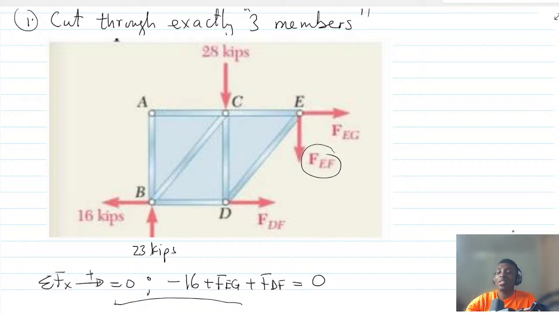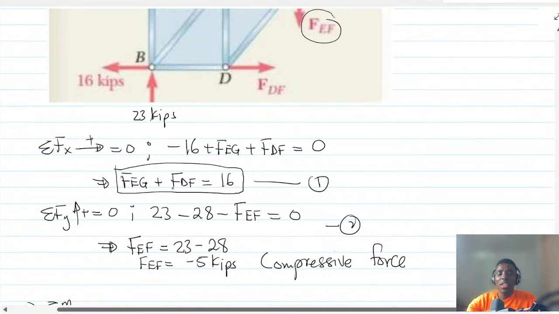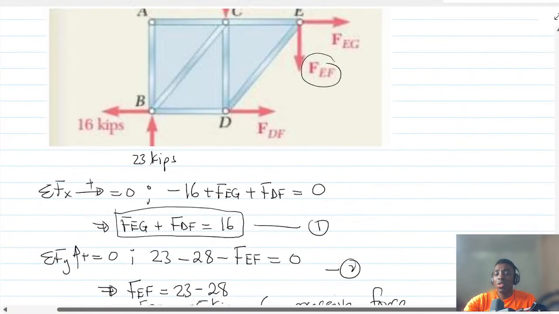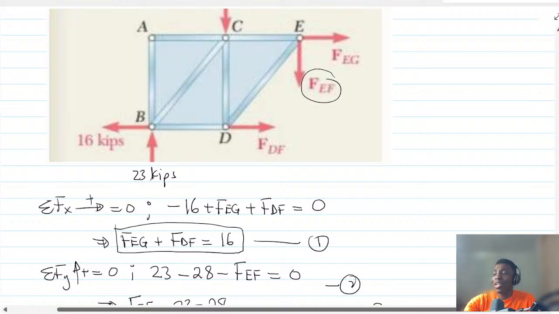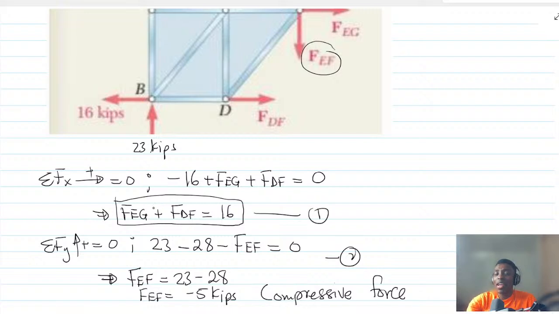So think about it this way. You have FEJ and then FDF, but you want to eliminate one of them. So it means you cannot take moment about any point at all, but you can take moment about any of these, so that at the end of the day, if you take moment about those points, it will eliminate one of them.